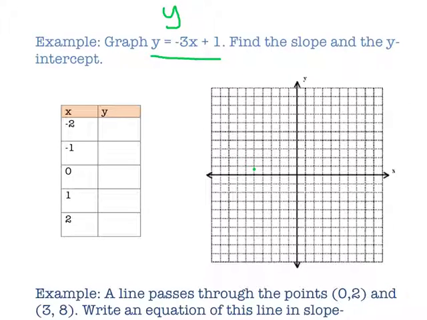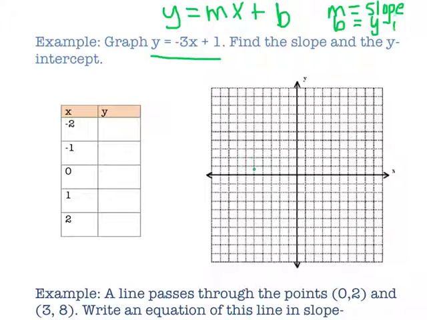So slope-intercept form looks like this. y equals mx plus b. m is the variable that we use to represent slope. So the m is the slope. b is the variable that we always use to represent the y-intercept, so where the line crosses or touches the y-axis.